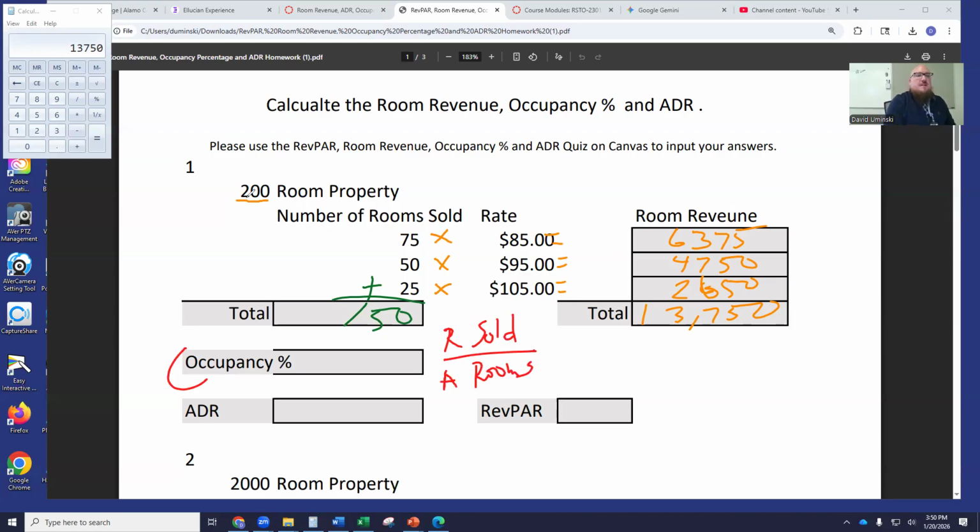Okay, so in this case, we sold 150 rooms and we have 200 rooms available. So when we do that, it comes out to 0.75. And when we move that decimal place over 2, we get 75%. Okay.